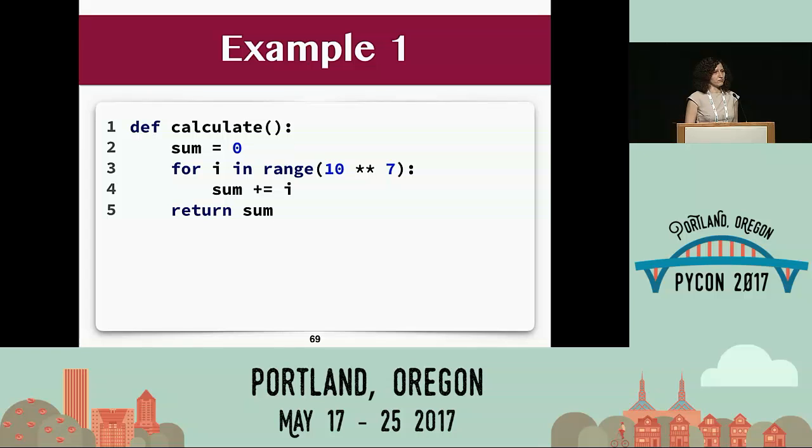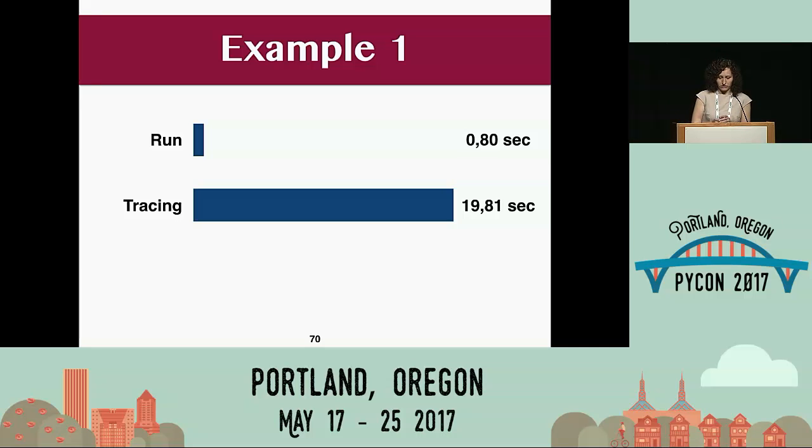Do you remember this example when we calculated the sum of numbers? And as you remember, the program became 25 times slower when we executed it with the tracing function. But what about frame evaluation? Yes, it's almost as fast as running without the debugger.